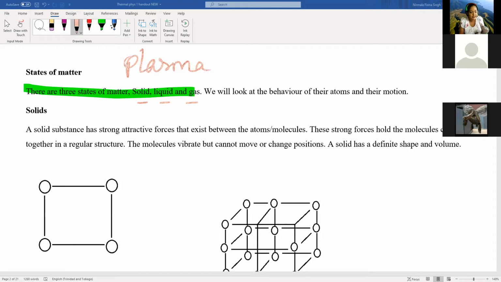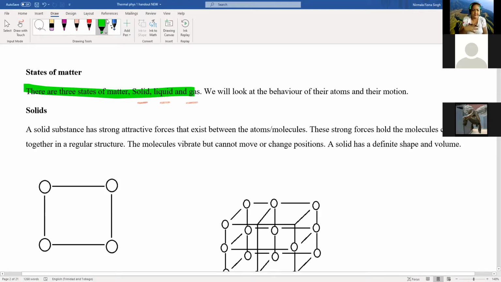No, it's not melted metal, right? Because when we have a flame, just that little core part is plasma. But we don't look at this anywhere in secondary school at all. Actually, I didn't even look at plasma in university. That's a specialized kind of topic.